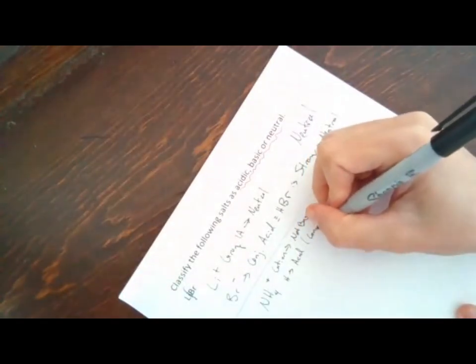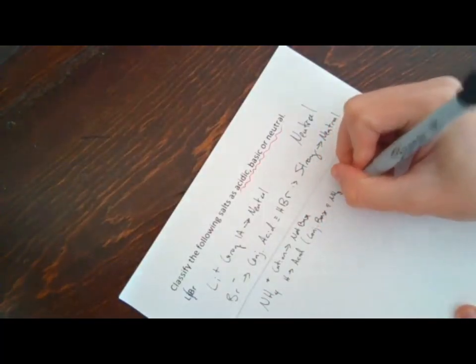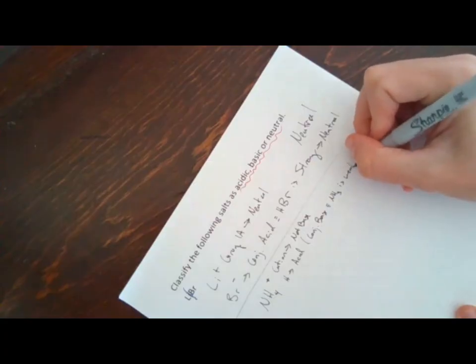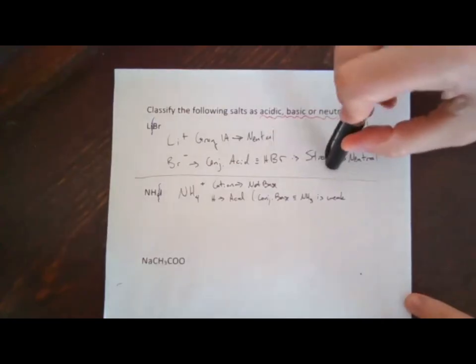One of the things we can also think about is the conjugate base, NH3, which is weak. And so if the conjugate is a weak base, that means it itself is a weak acid. When you have a weak acid, the conjugate's always a weak base. So when you're dealing with strong things, the conjugate is not.